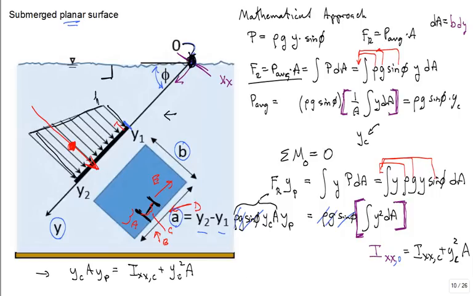Then one more step, I'll put it like this. y sub p, that's the center of pressure, where I need to put that resultant force for the correct application, for the correct moment, is equal to y sub c plus I_xx divided by y sub c A.